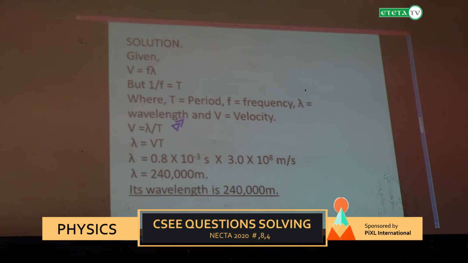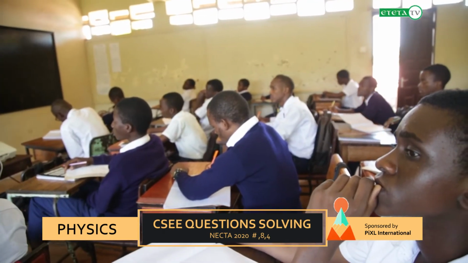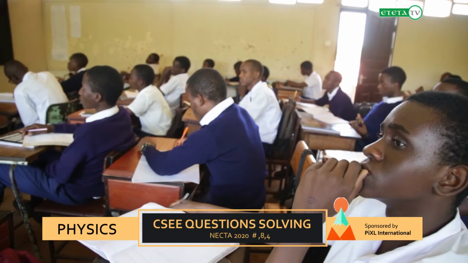The period is the time for a wave to complete one cycle. Here T represents period, f represents frequency, lambda represents wavelength and v represents velocity. From the formula, velocity is equal to wavelength divided by the period, which is 0.8.